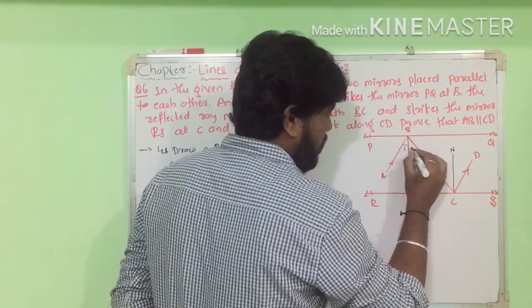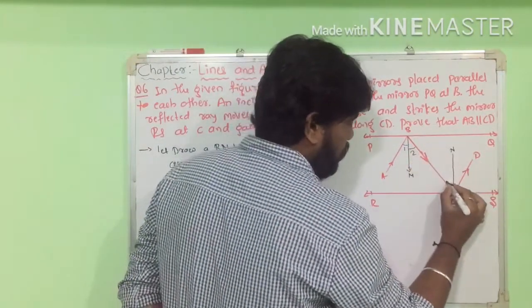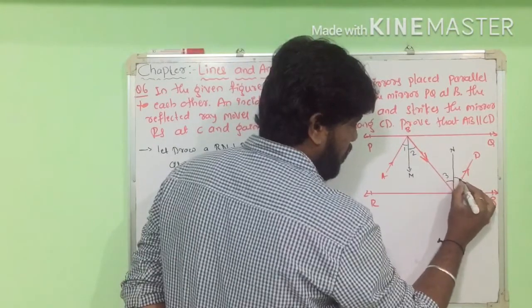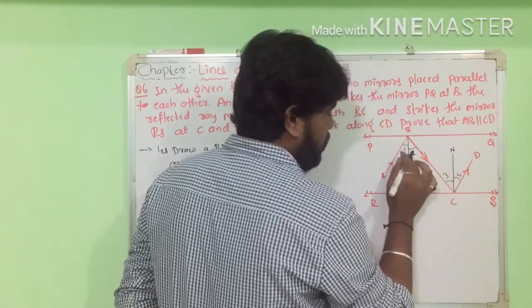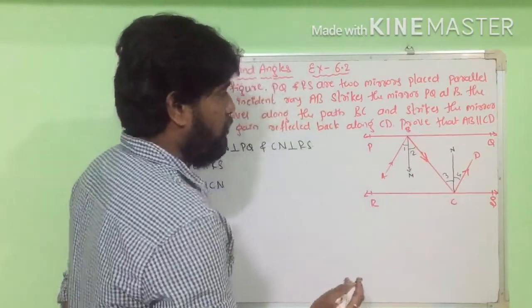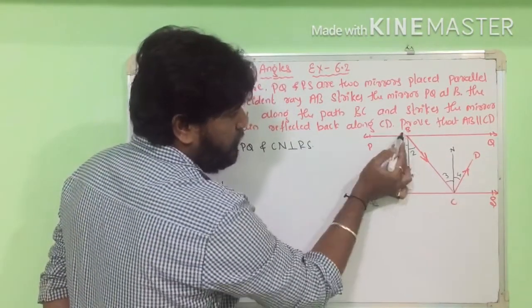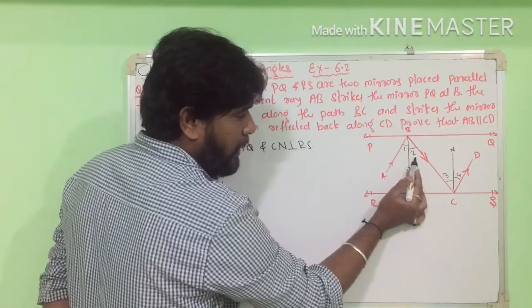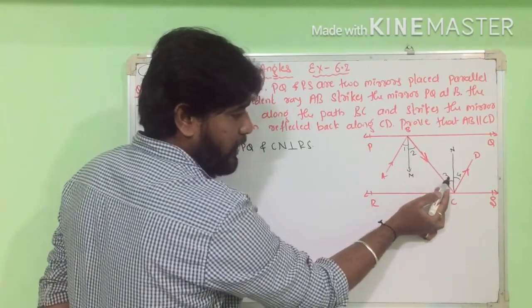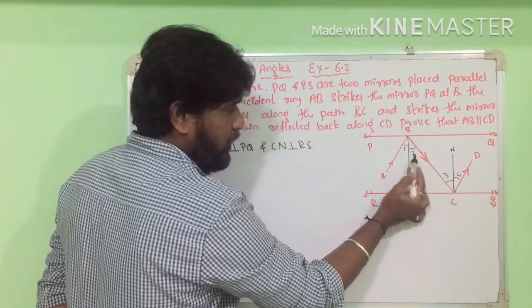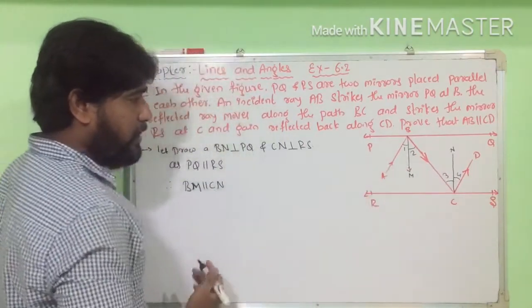So now I will name the angles here: 1, 2, 3 and 4. Now BM is parallel to CN. It means BC is a transversal and angle 2 is equal to angle 3. Angle 2 is equal to angle 3, alternate interior angles, right?